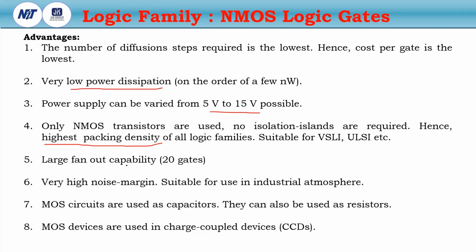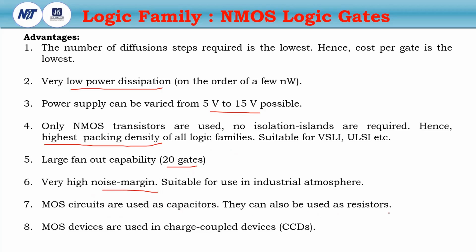So the larger fan out capability, maximum 20 gates, can be driven by a single gate output. So the very high noise margin, so it is suitable for industrial atmosphere. MOS circuits are used as capacitors, so they can also be used as resistors.